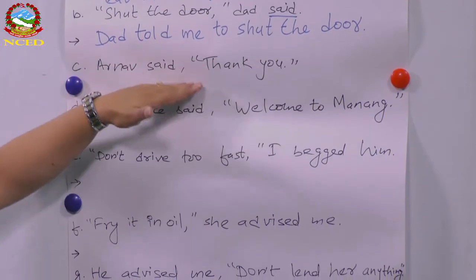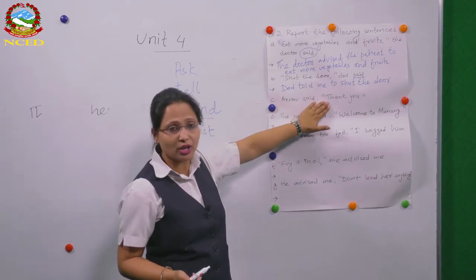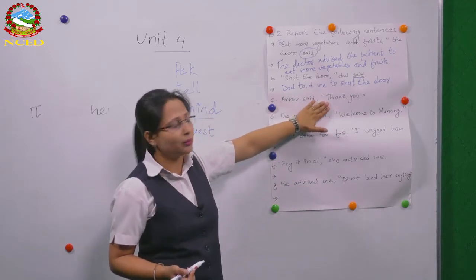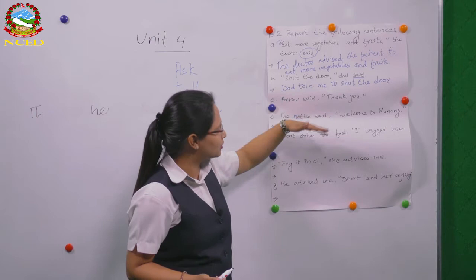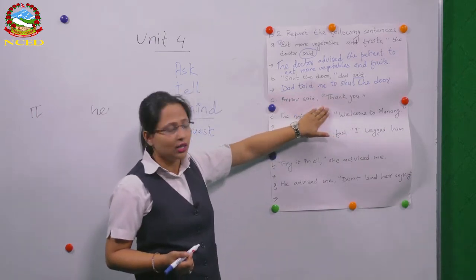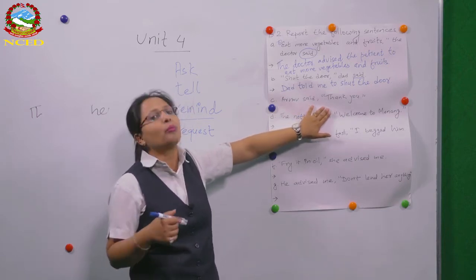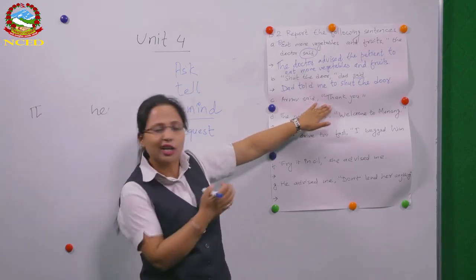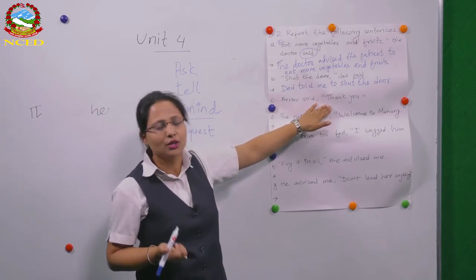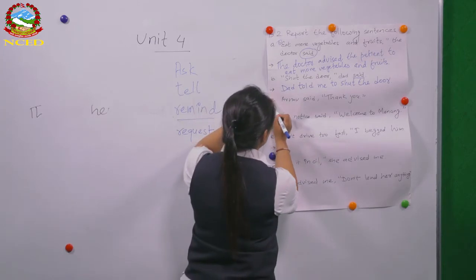It seems that in your textbook, the sentence is here by mistake. It is not a command. But even in this case, we can change this into indirect speech. So we will do it. And sometimes it happens, so in your exam as well, sometimes you may come across some unexpected type of sentences. So we need to do that too. Okay. Now let's see how we can do it.